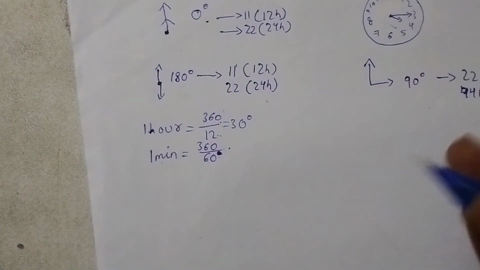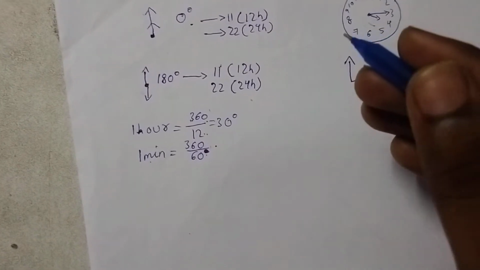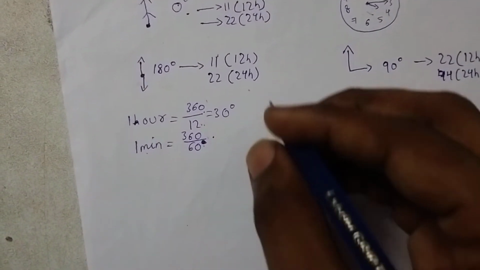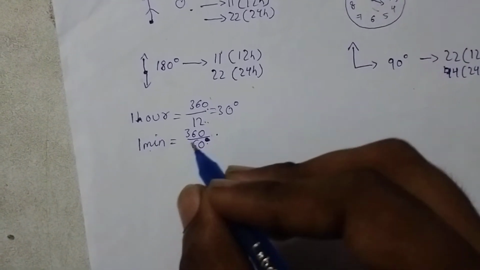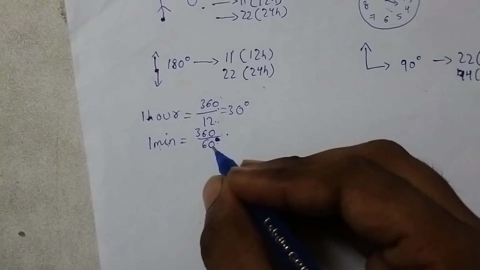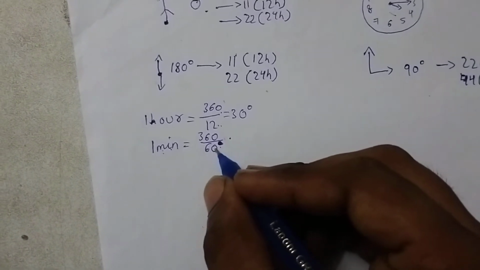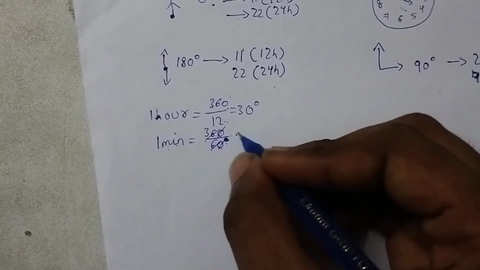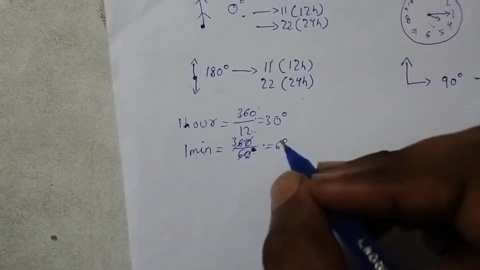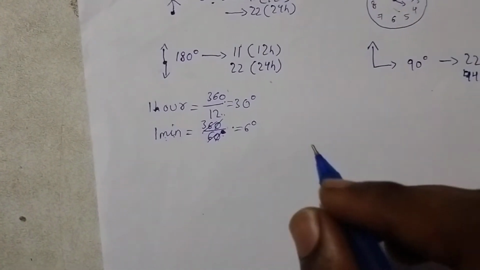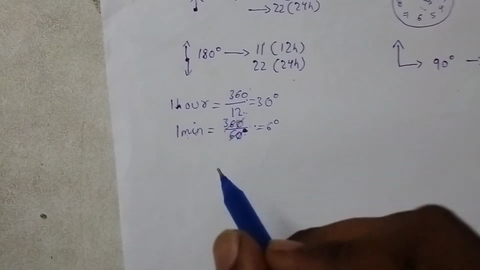If you want to calculate the degree for the minute hand, simply divide 360 by 60, because 1 minute is 60 seconds. We have to take the lower unit of time, so 1 minute is 60 seconds. If we divide 360 by 60, we will get 6 degrees. In questions they also sometimes ask for the relative speed between the hour hand and minute hand.